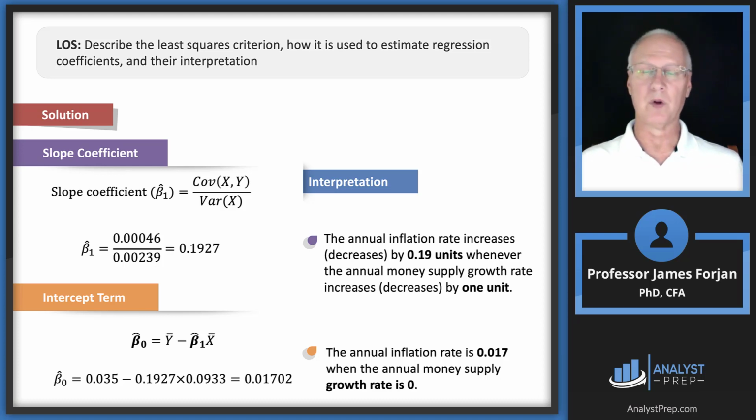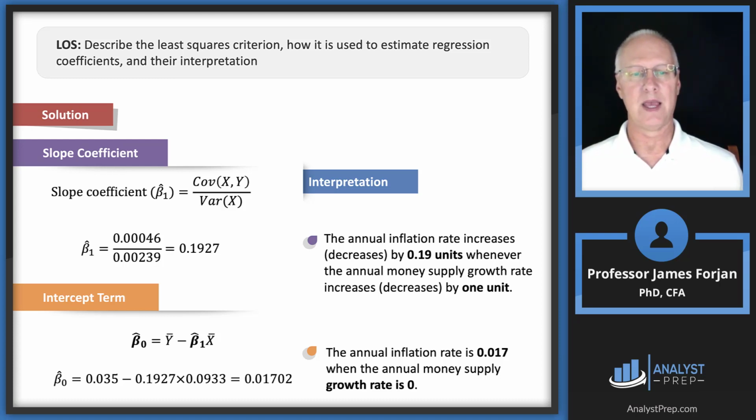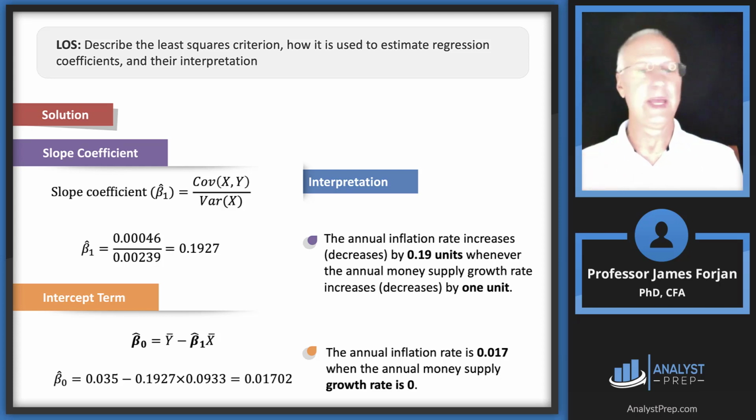This is an important conclusion, and that's how we always interpret the intercept term, when the x variable takes on a value of 0, which in some regression analyses may be totally irrelevant and inappropriate, but in lots of them, like in this case, what if the money supply does not grow, we're still going to have inflation? Wow, that's an important economics concept for a financial analyst to be able to make decisions.